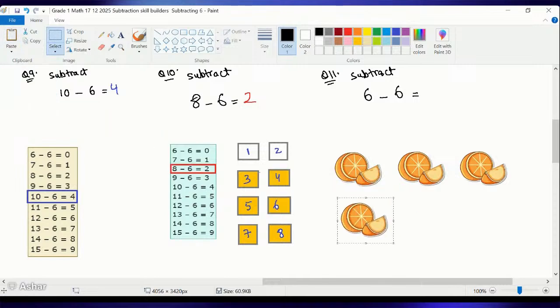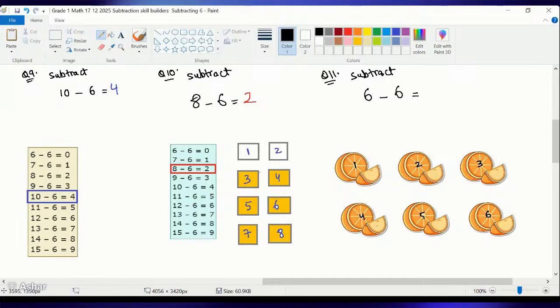If you had 6 and 6 were eaten, that means if we label them, this was the first orange, the second orange, third, fourth, or maybe it's cheese. Oh yeah, that's cheese. 5 and 6. The 6th cheese over here, right?